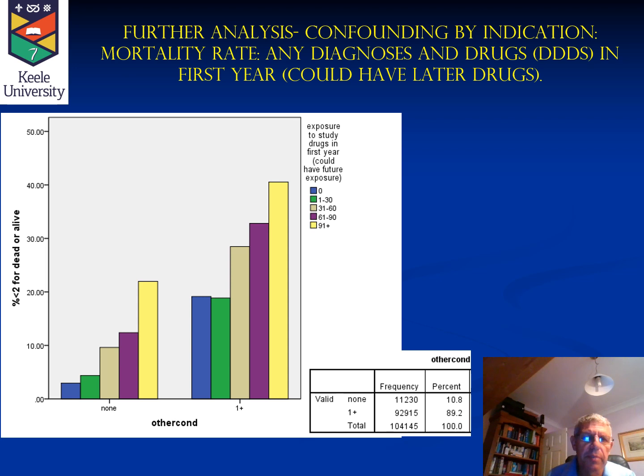This slide shows a piece of the analysis that we didn't report in the paper, but what we did here was we looked at people who had studied drugs, but the doctor had not recorded any diagnosed condition in their medical notes.